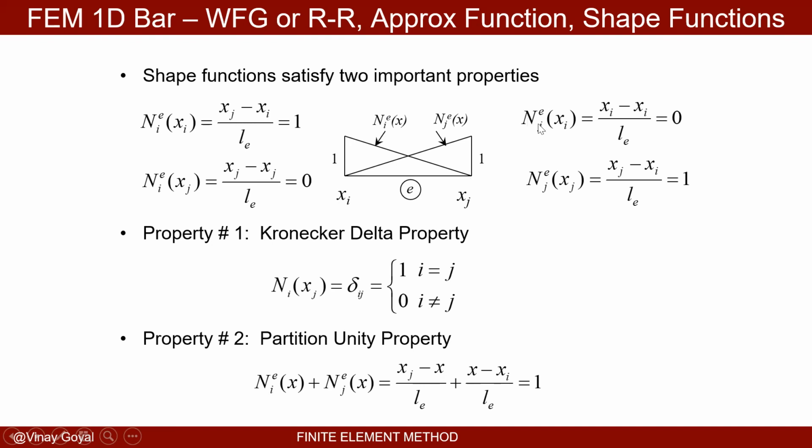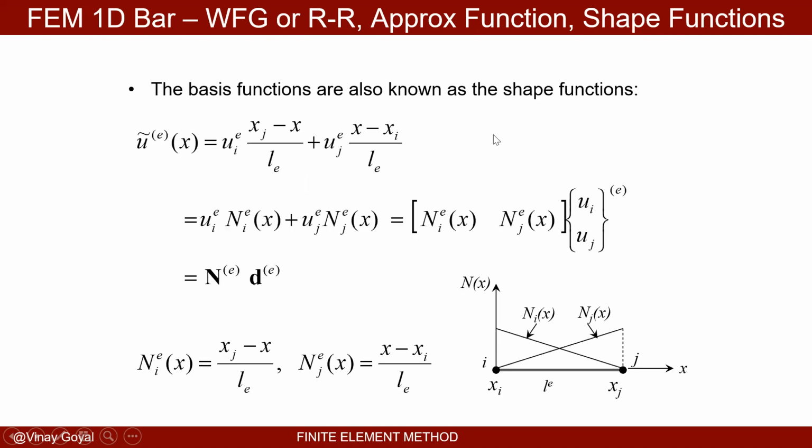You can see that N_j, which is the shape function that corresponds to this node J, is 1 here, but is 0 here. So when I say it corresponds, when I look at this, N_i goes with U_i. So N_i is a shape function corresponding to U_i. It's a coefficient to U_i. And N_j is a coefficient to U_j, just like when we had the polynomial approximations before.